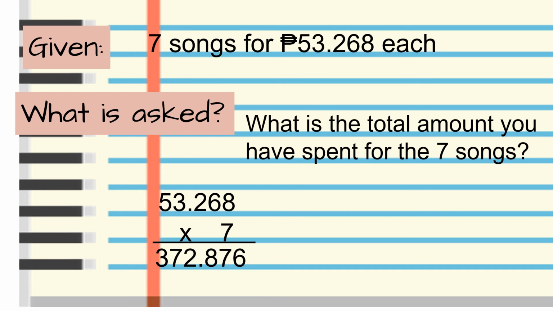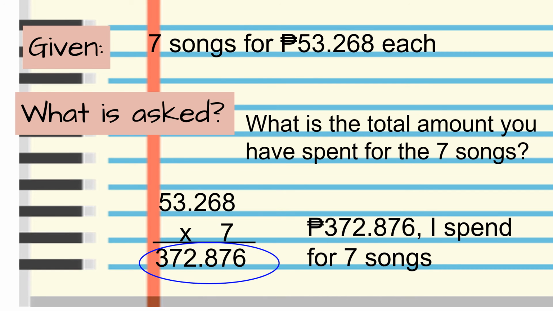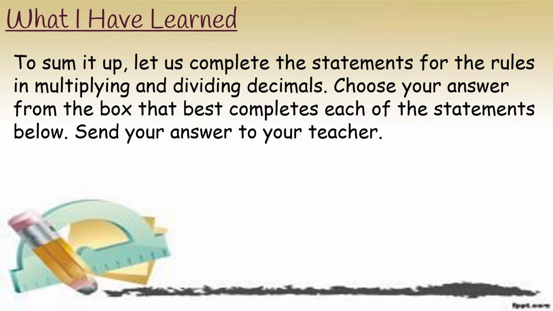In the second number, we have none. Therefore, the total decimal places you must have in your product is 3. So, the answer is 372.876. So, 372.876 pesos I spent for 7 songs.